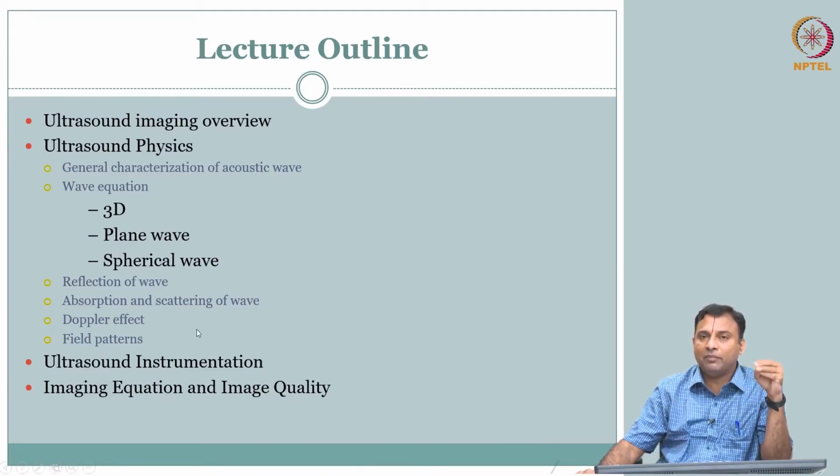We will touch and go over all of this, but it is going to be really more of alerting you that these are the concepts that will be involved, and you may have to go back and really read. If you want to work in ultrasound imaging, perhaps you should consider taking a further course in this.